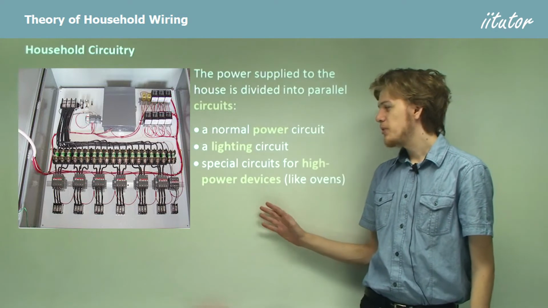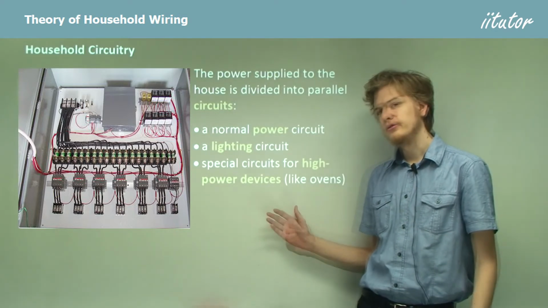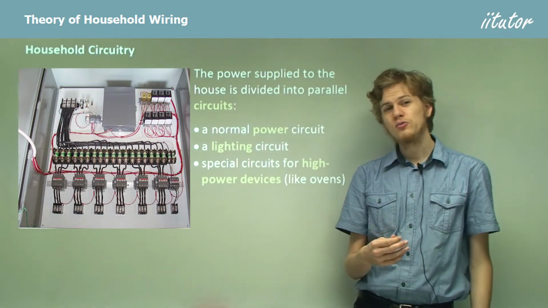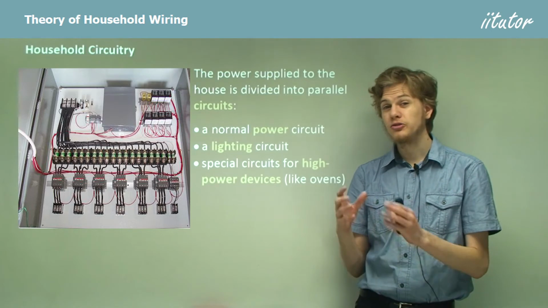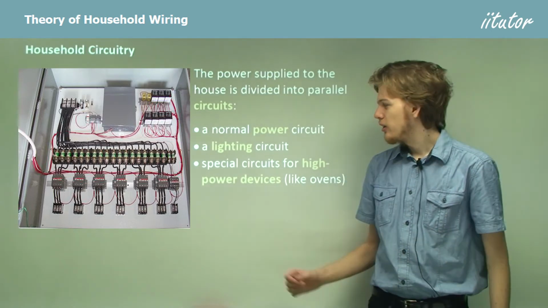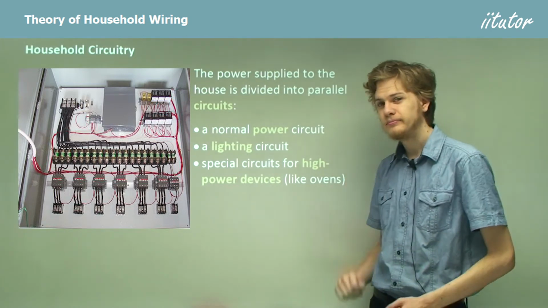And finally, we have special circuits for very high-powered devices. So we might have a circuit made especially for the oven. So the oven won't be connected into a normal electrical socket, and it won't be connected into the lighting circuit. It'll be connected to one of these special household circuits.